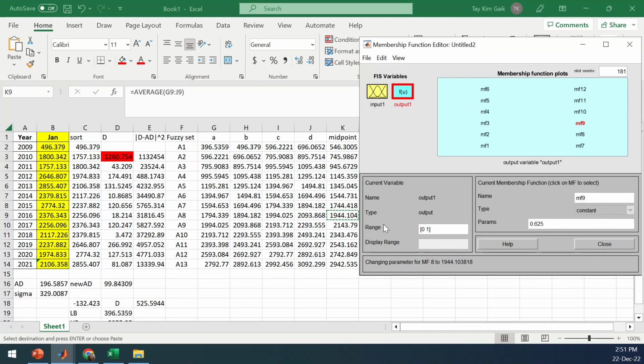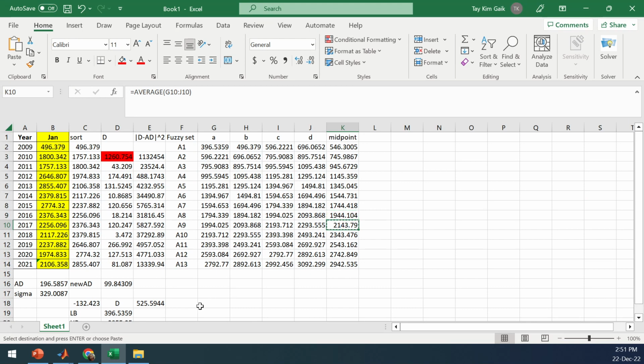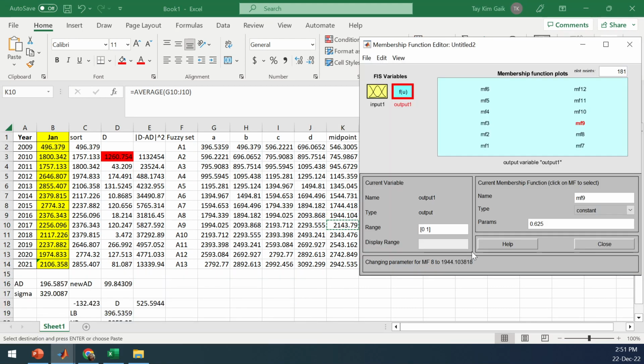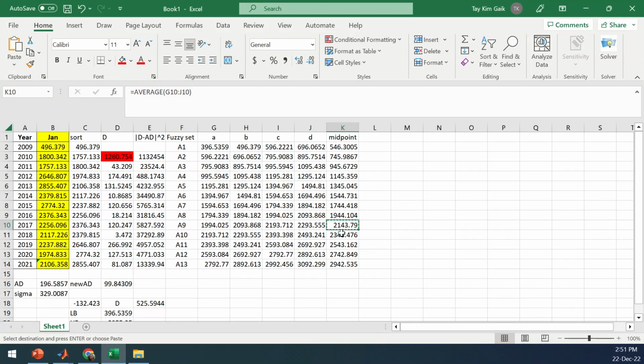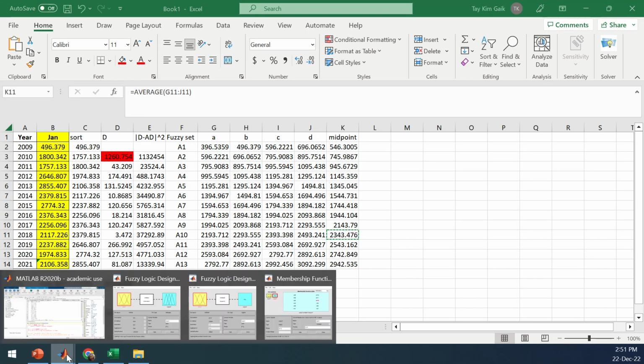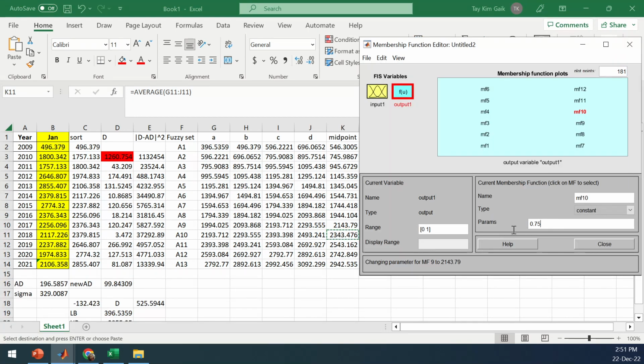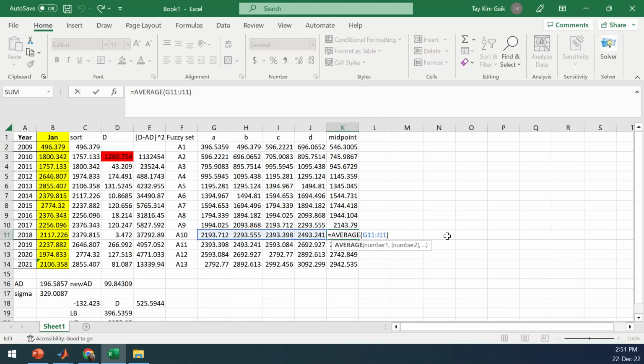And then number 9, the next value of the midpoint. Then 10, next value of the midpoint. Then 11, 11 here.